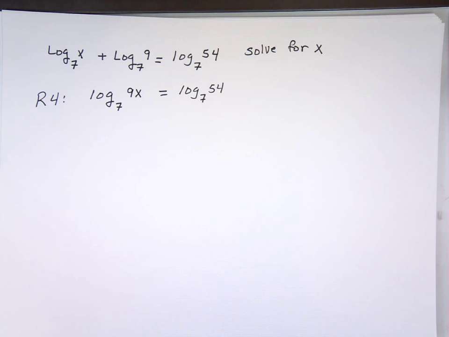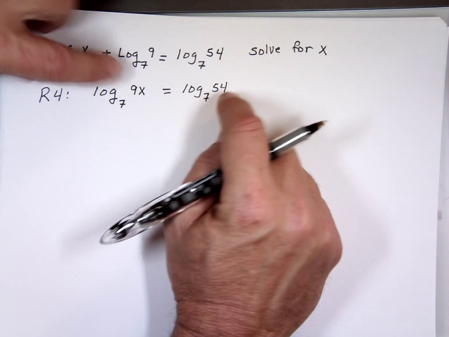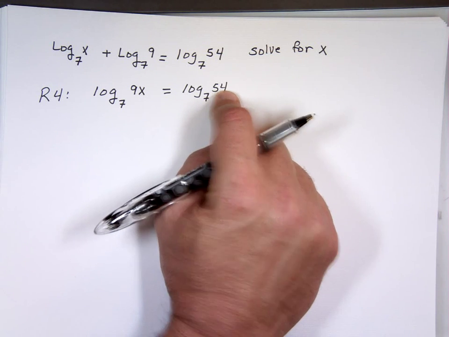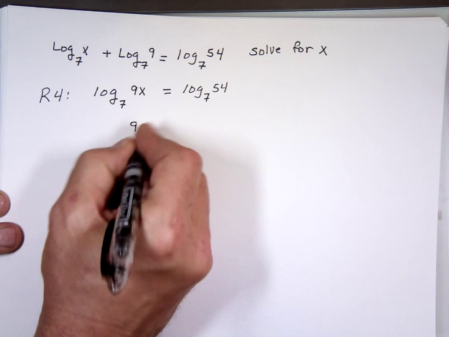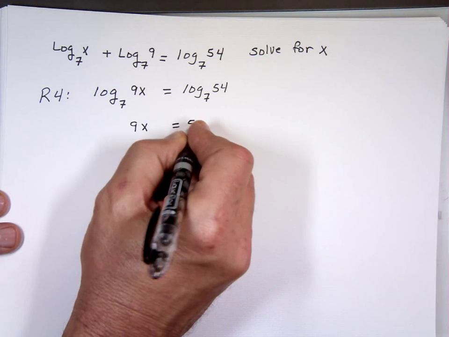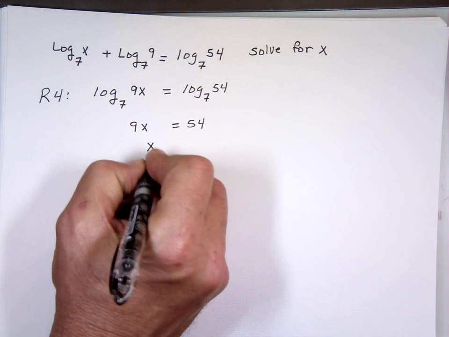But you can drop them out, because for this side to equal that, the only way is if 9x equals 54. So you can say 9x equals 54. Can you solve for x? You divide by 9. Is it 6?